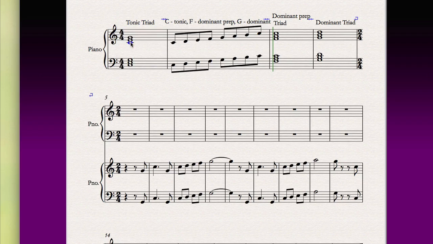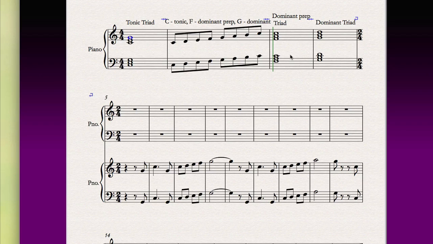So if we have C, treble clef, bass clef, we take the first note of the scale, which is C, the third note of the scale, which is E, and the fifth note of the scale, which is G. C is 1. In the C scale, C is 1, D is 2, E is 3. That's where I got E from. And then G is 5, which we've already talked about. That makes up the tonic triad.